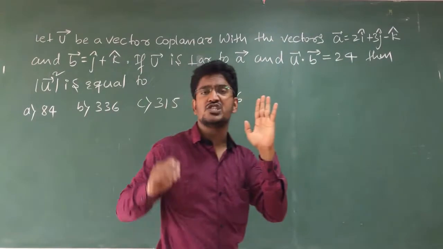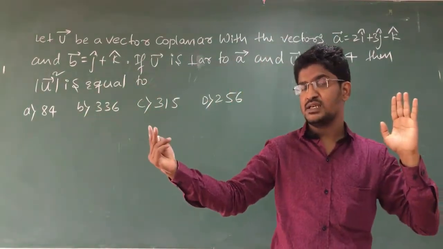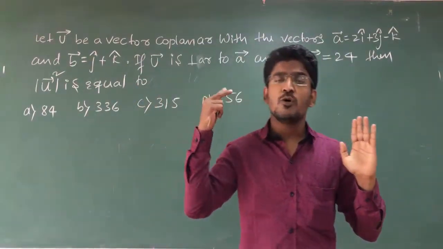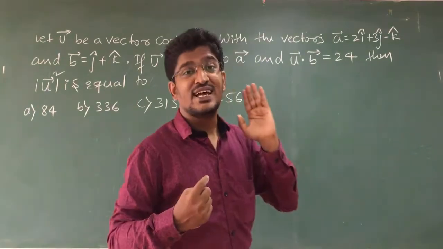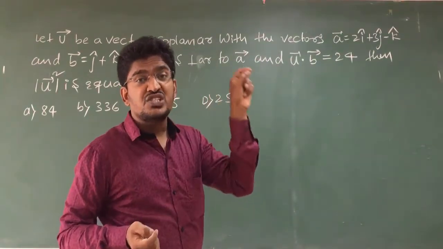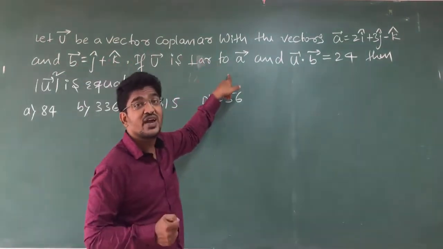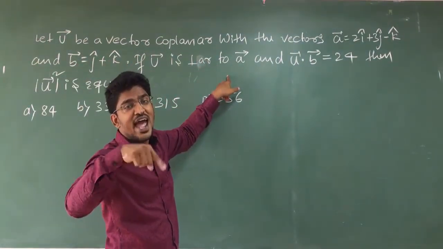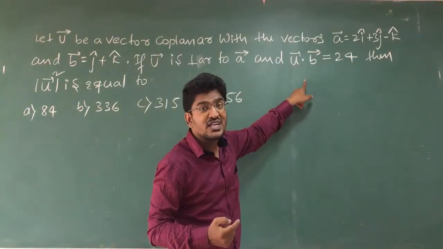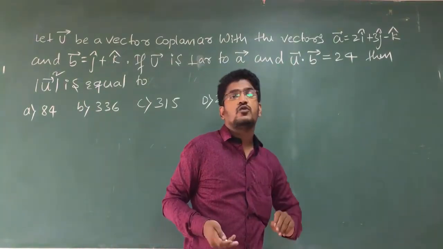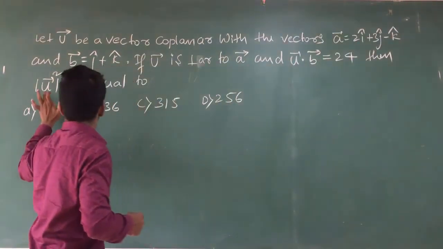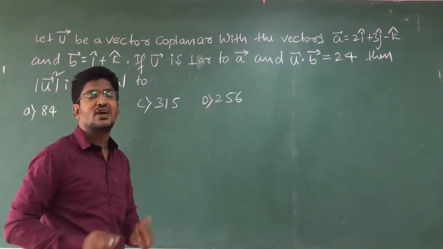There is one vector which is coplanar with two other vectors, and the vector which is coplanar is perpendicular to one of those two, and with the other vector if I make dot product it is 24. Then what is magnitude of vector u square, they are asking.